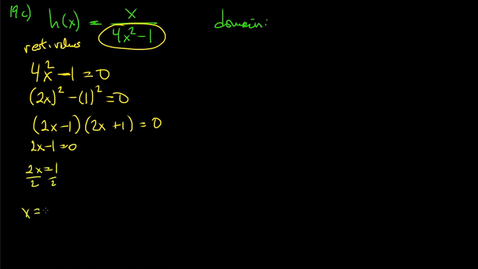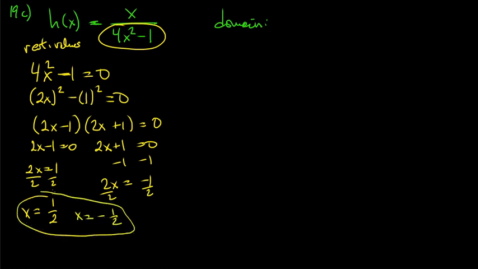So it looks like we get x equals 1/2. And then for the 2x plus 1, the only difference is here we're subtracting 1 from both sides. So when I divide by 2, I get x equals negative 1/2. So I get two restricted values, right? 1/2 and negative 1/2. Okay, so those are the restricted values.